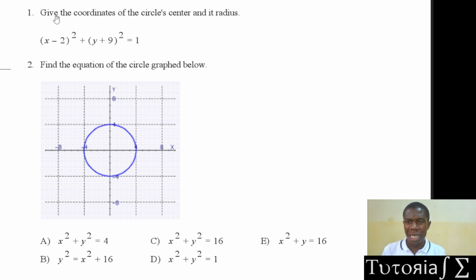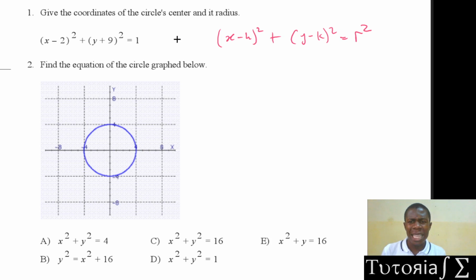So the first question is asking us to give the coordinates of the center and the radius. So you find the center and the radius. Okay, so again, remember the equation of the circle is x minus h squared plus y minus k squared equal to r squared.